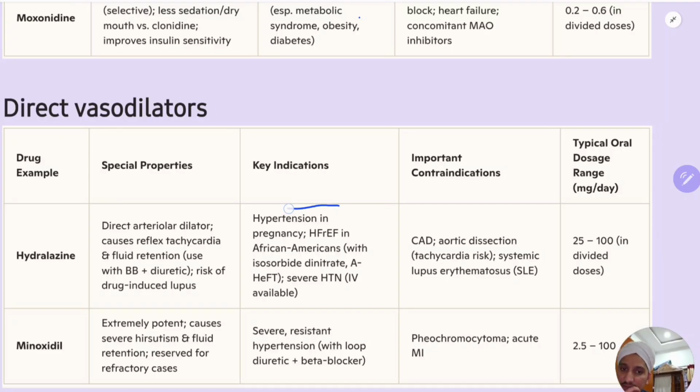Where is it used? Hypertension in pregnancy, you can use Hydralazine. Also reduced ejection fraction heart failure in African Americans, with isosorbide dinitrate.